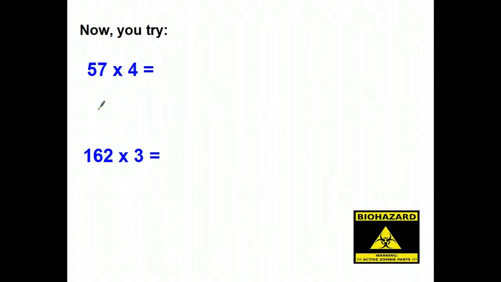So if you look at it kind of like expanded form, what we're doing really is 4 times 7 and then 4 times 50. So let's do it that way. 7 times 4 plus 50 times 4.